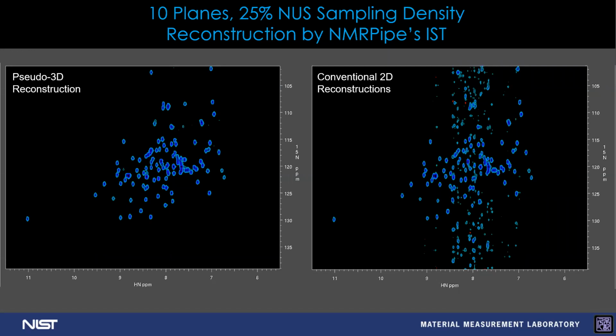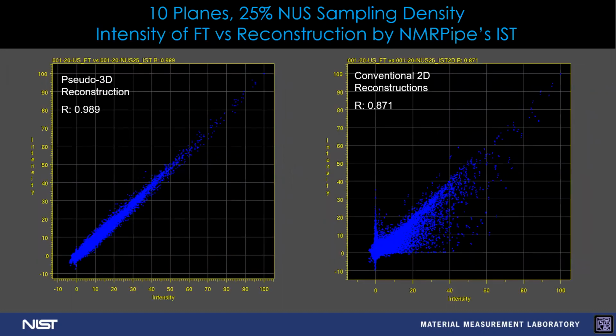In this case, if we subsample down to a density of 25% NUS and only do independent reconstructions of each 2D plane in a series, the results we get aren't really great. But we have methods to reconstruct the data as a whole, sort of like a complete 3D experiment. When we do it that way, we can also get excellent, nice linear recovery of the intensities.